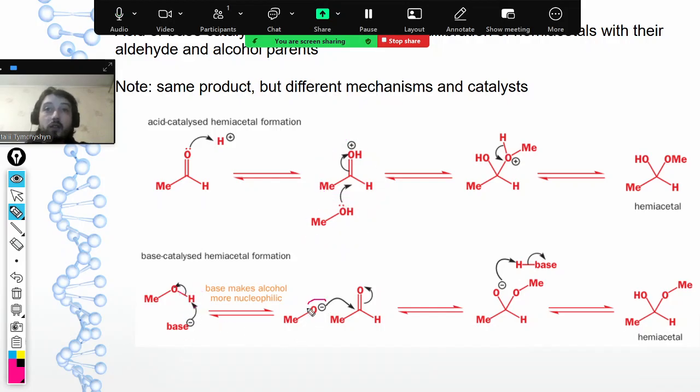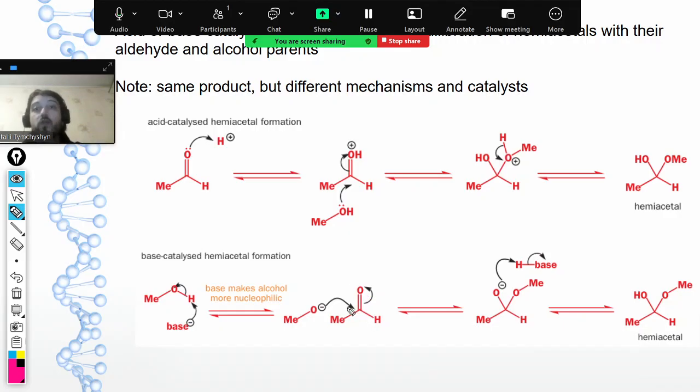We get O minus. That's a pretty potent nucleophile, so it really would like to attack anything that has some positive charge. And we know that this carbon atom has some positive charge, because its electrons are shifted towards the oxygen atom, that is electronegative.